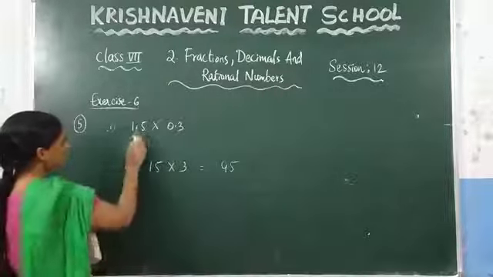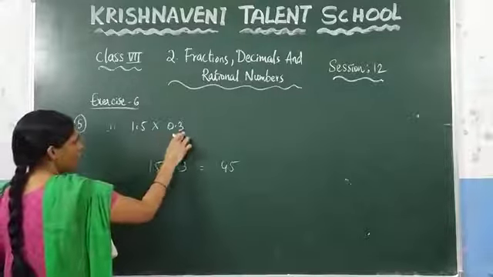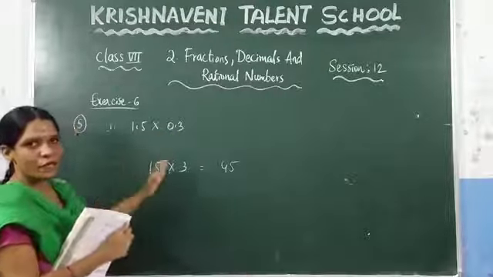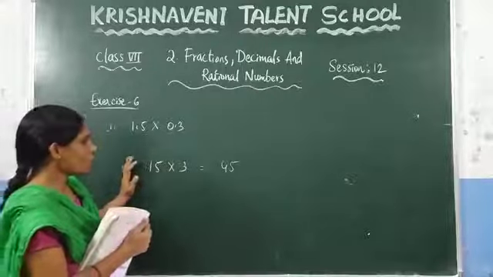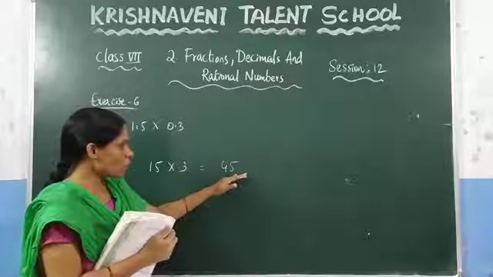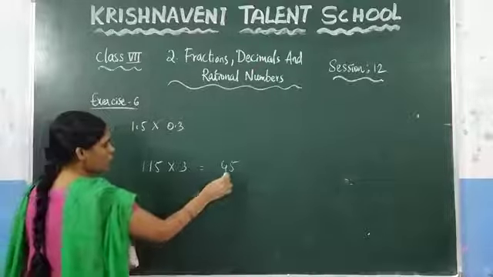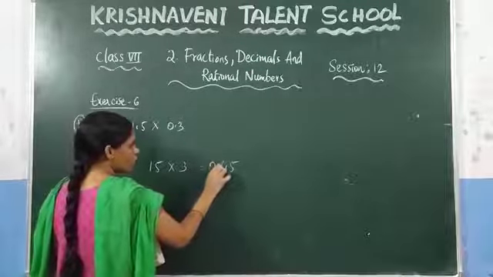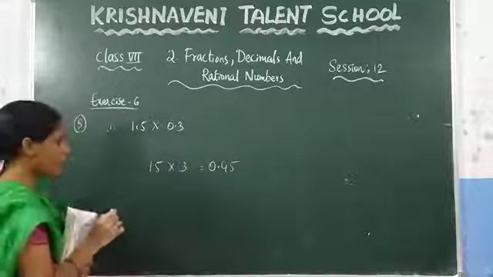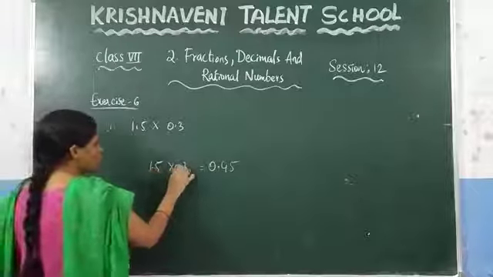So count it here. How many numbers are there? Here 1 and here 1. Two numbers are there after the decimal point. Now starting from the right, you need to count two numbers, and before that you need to keep the decimal point. So here 1 and 2, so that you will get the answer, which is 0.45.